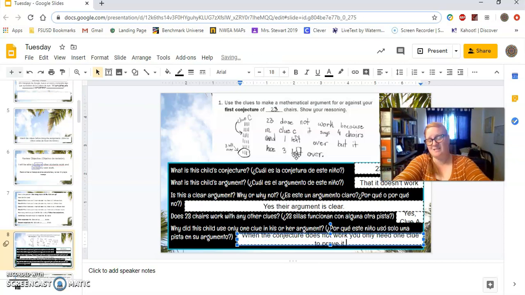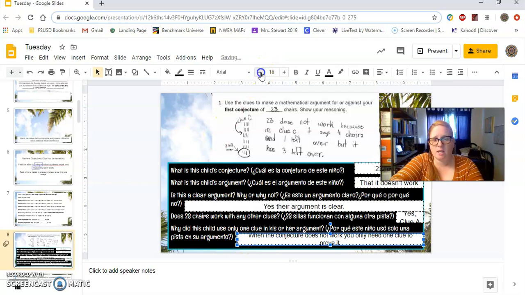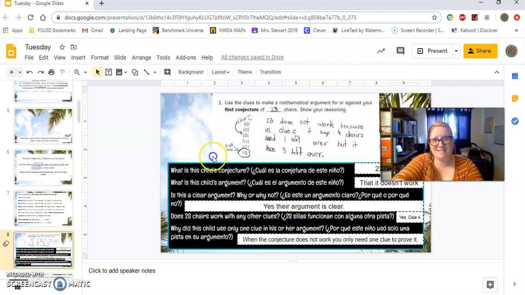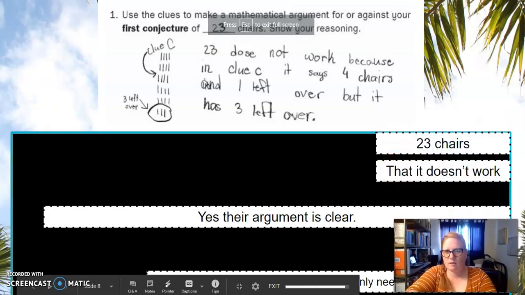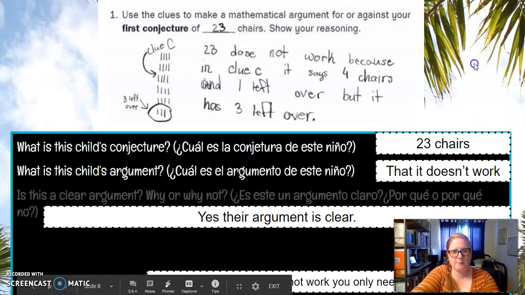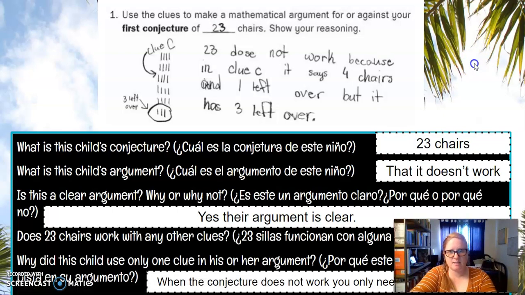So let's say 23 did work for all of these different clues. You would need to show those other clues because you're proving that it's correct. Since we're proving that this is incorrect, really you only need one clue to do it, if that makes sense. Okay, so now I've answered all the questions.